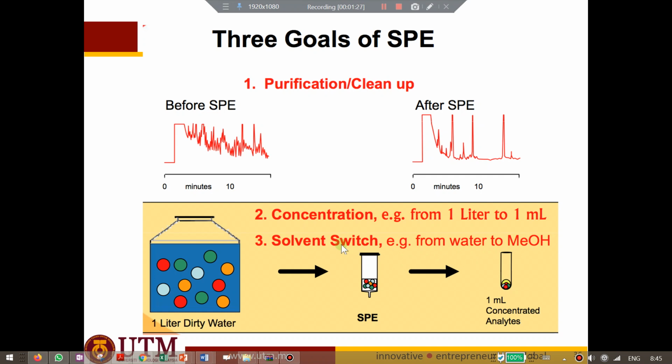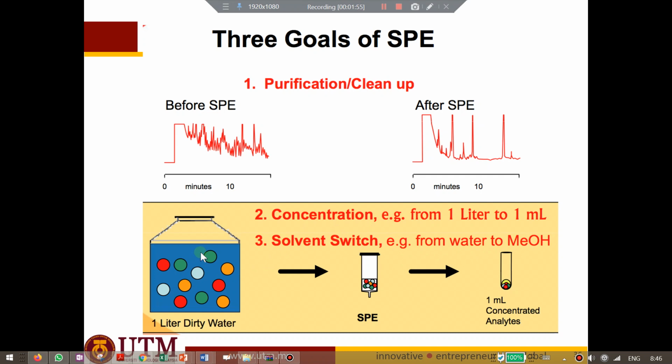So how are you able to remove the water content from your sample? What you can do is perform the SPE, then at the end you elute your sample using methanol. So that is another way to remove the water from our sample, so we will be able to perform gas chromatography.